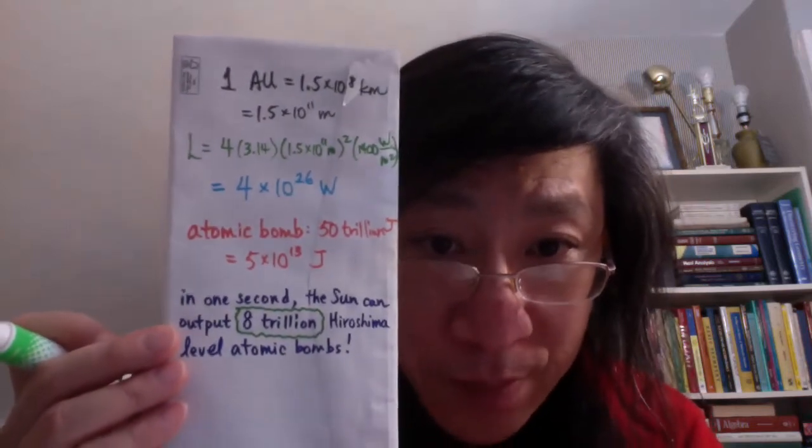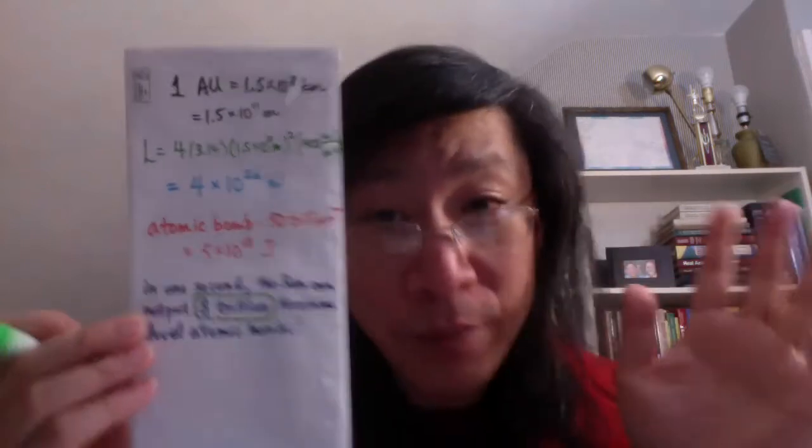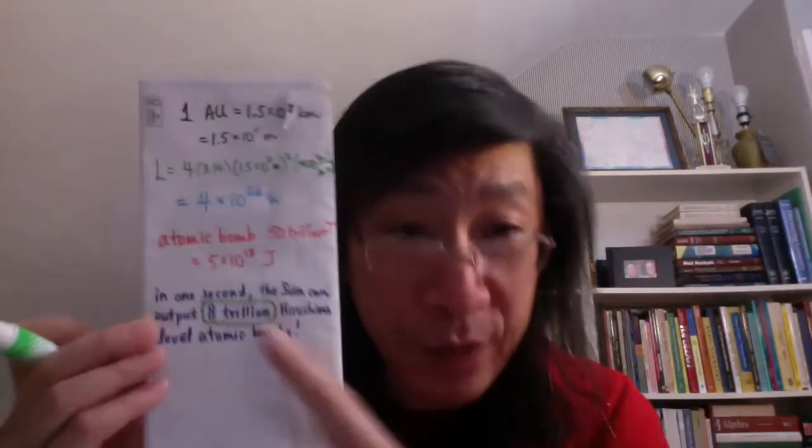It's an amazing amount of energy. But an atomic bomb is a lot of energy already. Remember, it wiped out a city in a fraction of a second. 5 times 10 to the 13 joules. Let's do E equals mc squared and see how much matter that actually is.